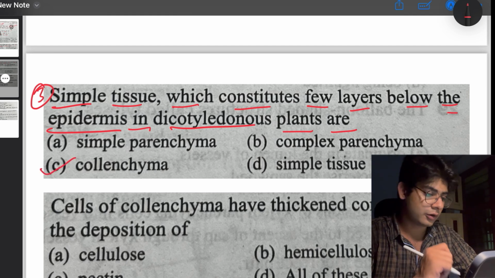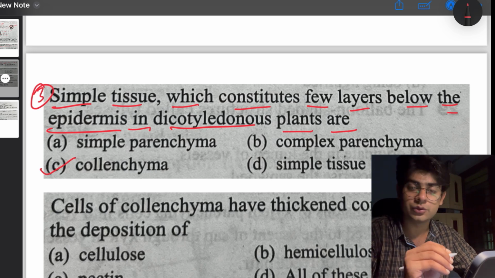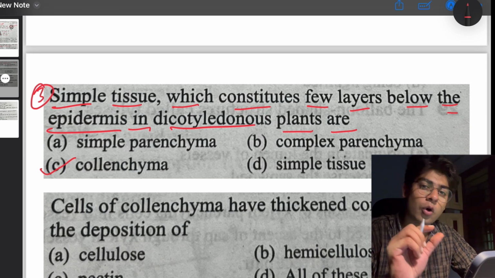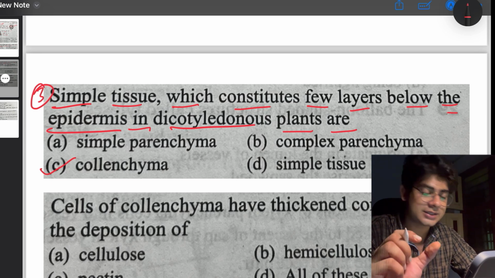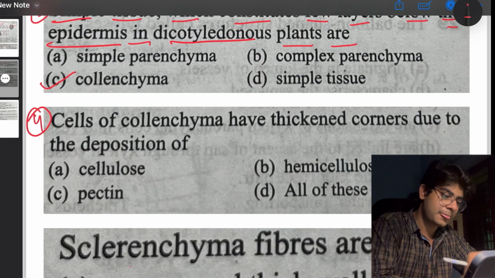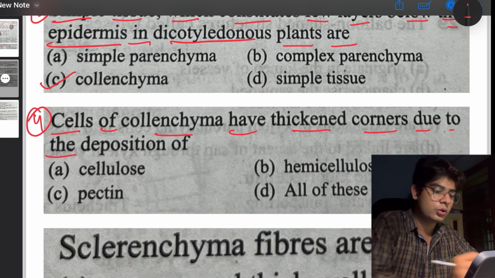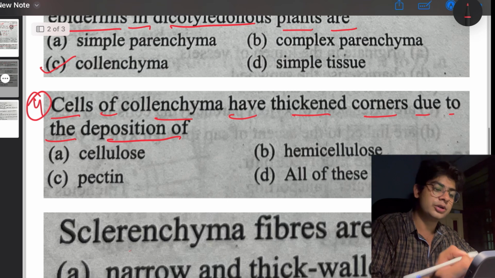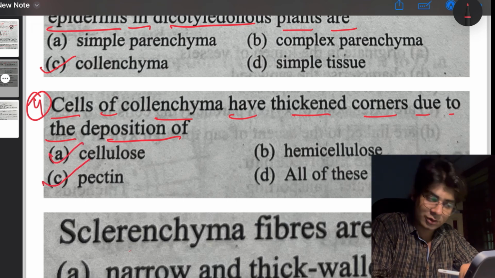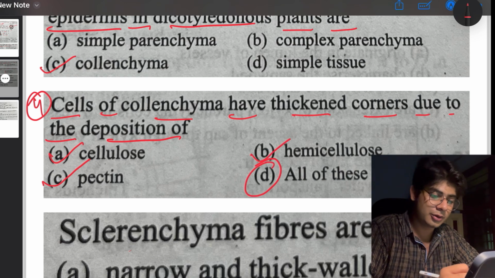As I told you before, collenchymatous cells constitute few layers below the epidermis in the dicot plants as homogeneous layers or patches. Okay? Question number 4. Cells of collenchyma have thickened corners due to deposition of, it's pretty easy, cellulose, pectin, and hemicellulose. So the correct option will be option D, all of this.